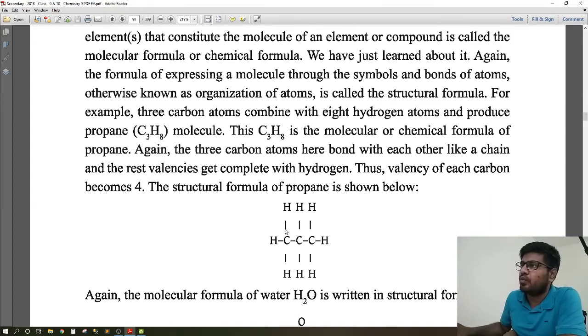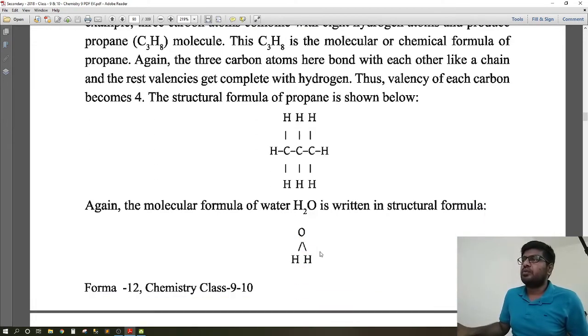For this carbon 1 2 3 4, for this carbon 1 2 3 4, for this carbon 1 2 3 4, and hydrogen has only one bond. So by this way we can write the structural formula of different compounds. In our book, the structural formula of water is also given.